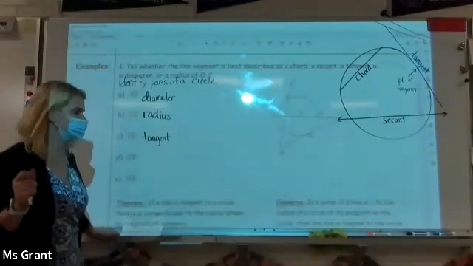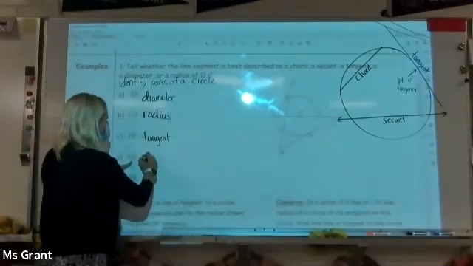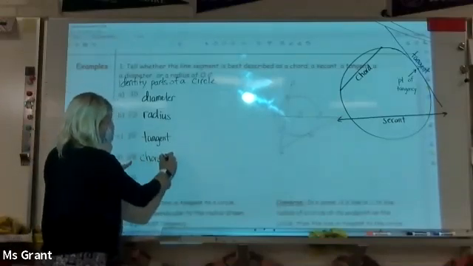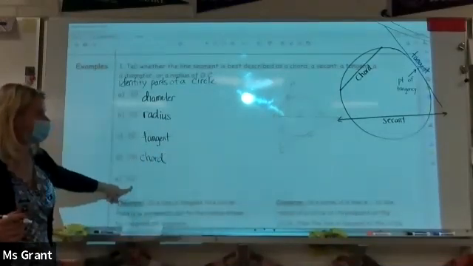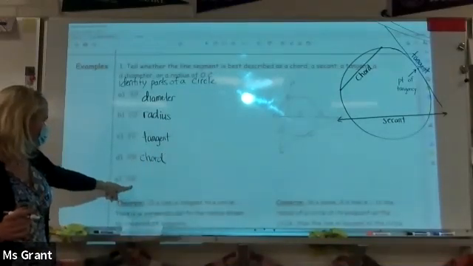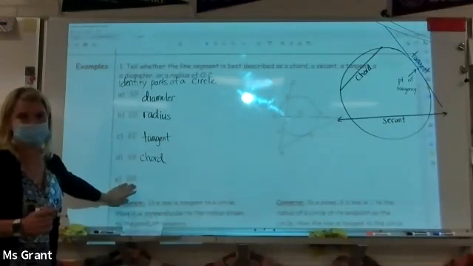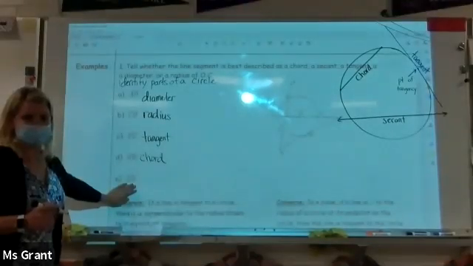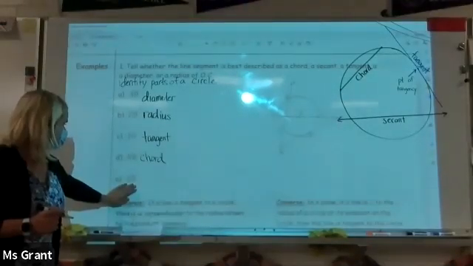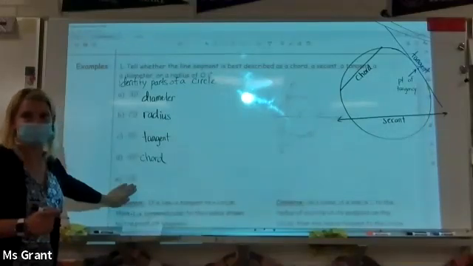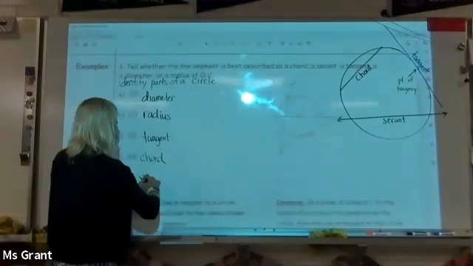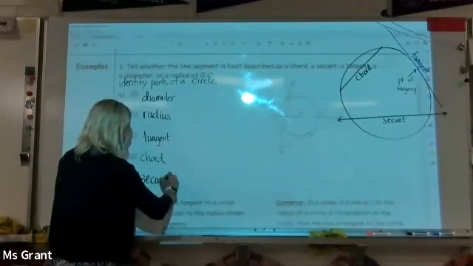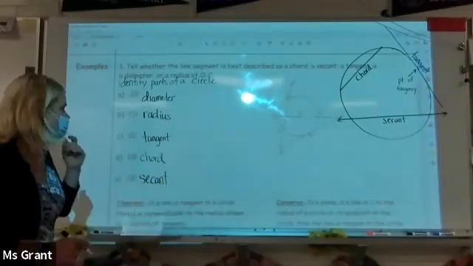Is it a chord? This first one is a chord because it starts and it stops. This second one is what? My last vocab word. The line HB, what is it? Secant is the way to just pronounce it. Secant. Good.